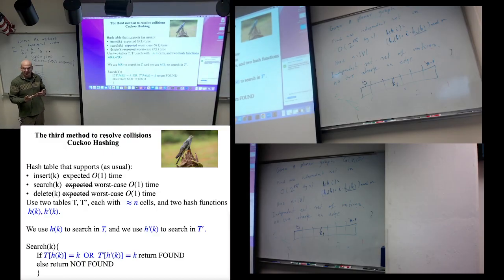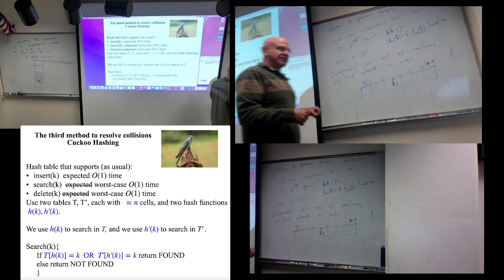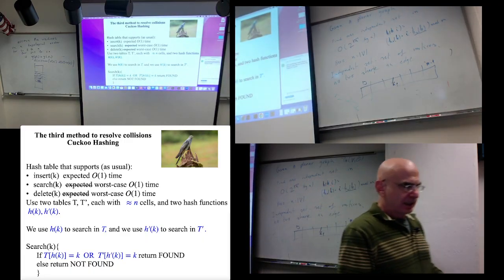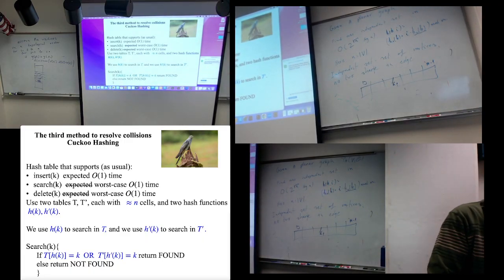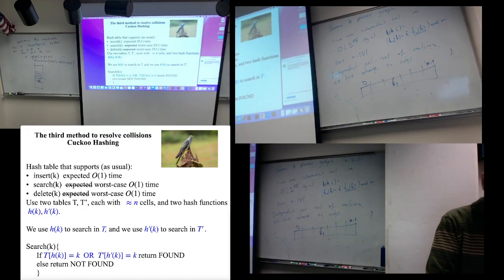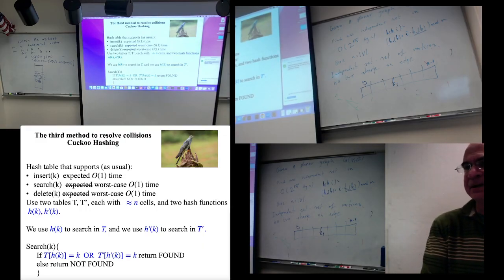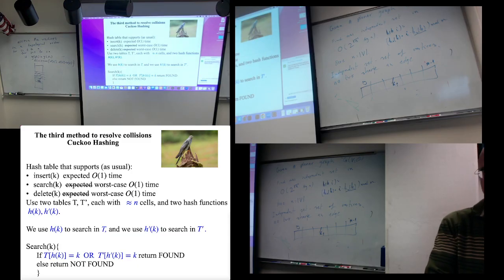If I use my database in a way that favors searching for keys more than insertion, or even if it's the same number, it's really nice that I can, with probability 1, find the key I'm after, or decide that it's not in the table, all in constant time.